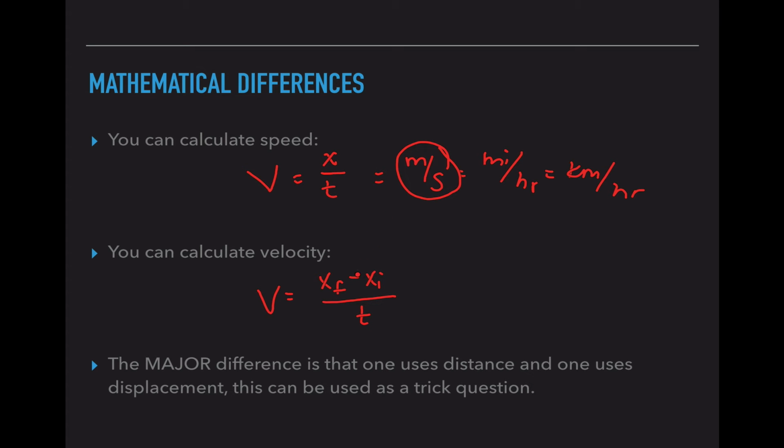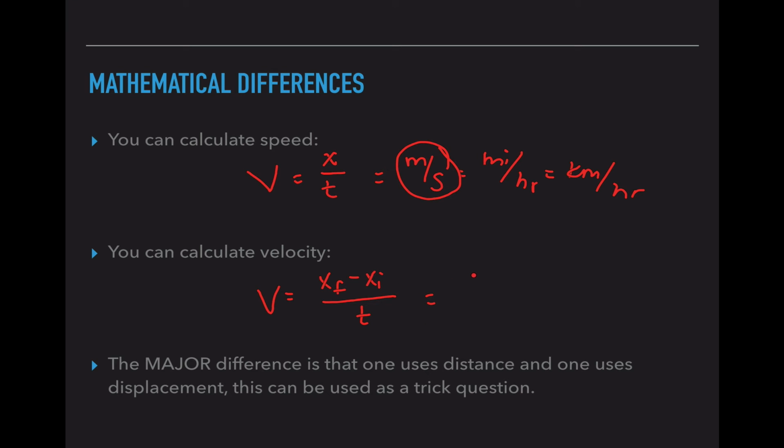Because remember, distance is adding up all the individual parts of our trip. Displacement is our beginning position and our final position being compared only. So I don't care about all the little steps in between, I care about where I start and where I end. So this little f next to this first x, that is our final position or our final location. The i next to the second x is our initial.